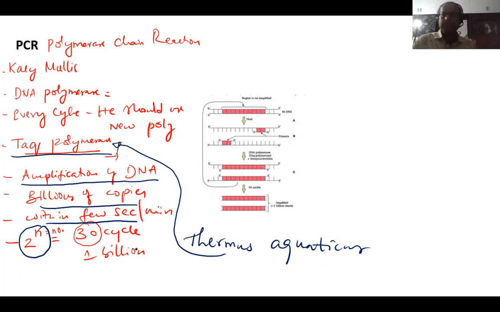Once this Taq polymerase is added, what happens? There is no need to add this polymerase again and again for each and every cycle. Once you add it, it can run all 30 cycles non-stop and give the results because it can withstand the temperature. So that is the point here about PCR.